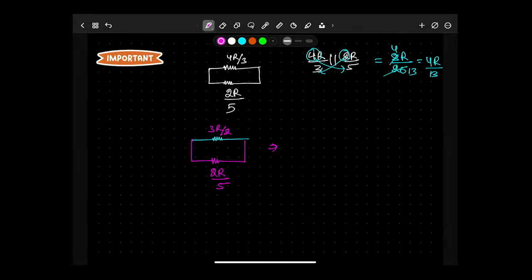So what will it yield? First of all, multiply them. It will become 6R. Then 3 into 5 plus 2 into 2. 2 into 2 is 4. So it will become 15 plus 4, 19. So it will become 6R by 19. Right? So I think you have got this point.